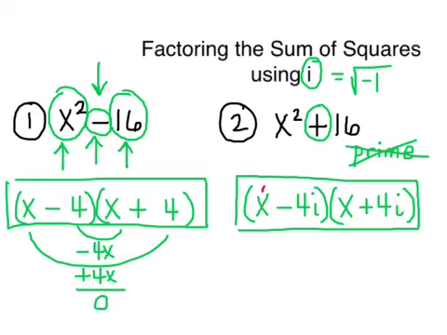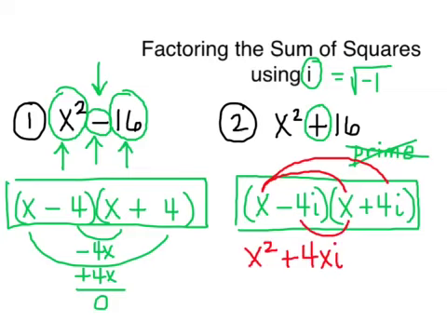We have first times first gives us x squared. The outside 2 give us a positive 4xi. Then we have the inside 2, which is negative 4xi. And then we have the last one times the last one, which is negative 16i to the second power.